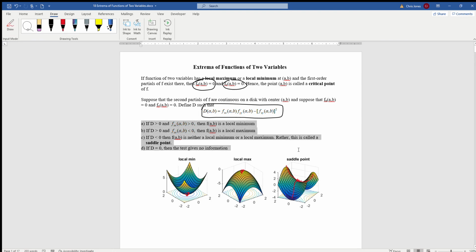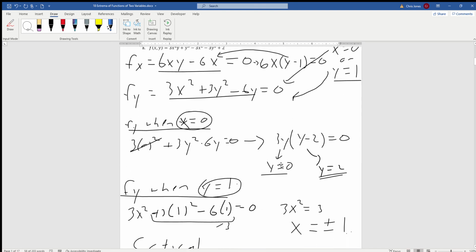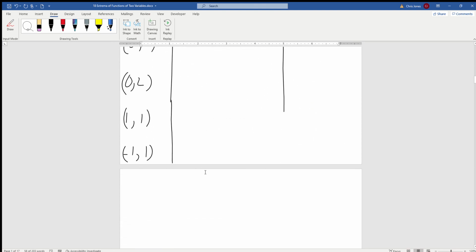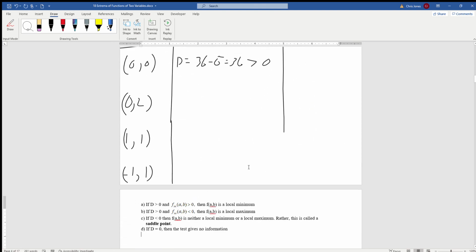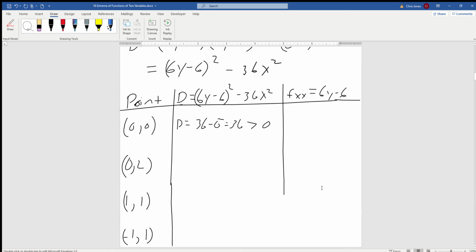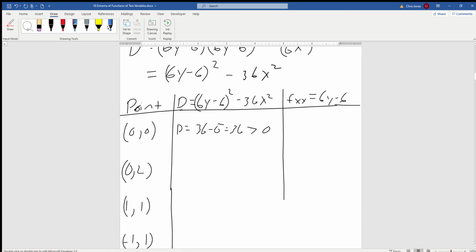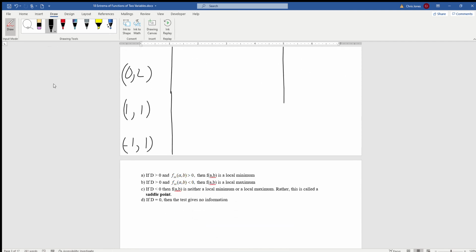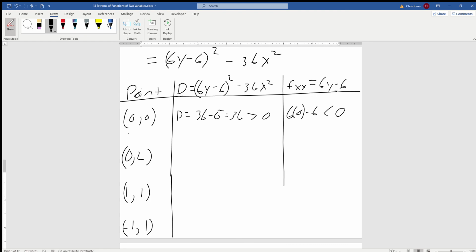If D is greater than 0, there's two options, so I'm just going to paste it right here. So if D is greater than 0, then we have to rely on what the value of fxx is. That's going to be 6 times 0 minus 6, and we don't even care what the value of that is. That's less than 0. So what type of point do we have? Well, D is greater than 0, fxx is less than 0, so we have a relative or local maximum.